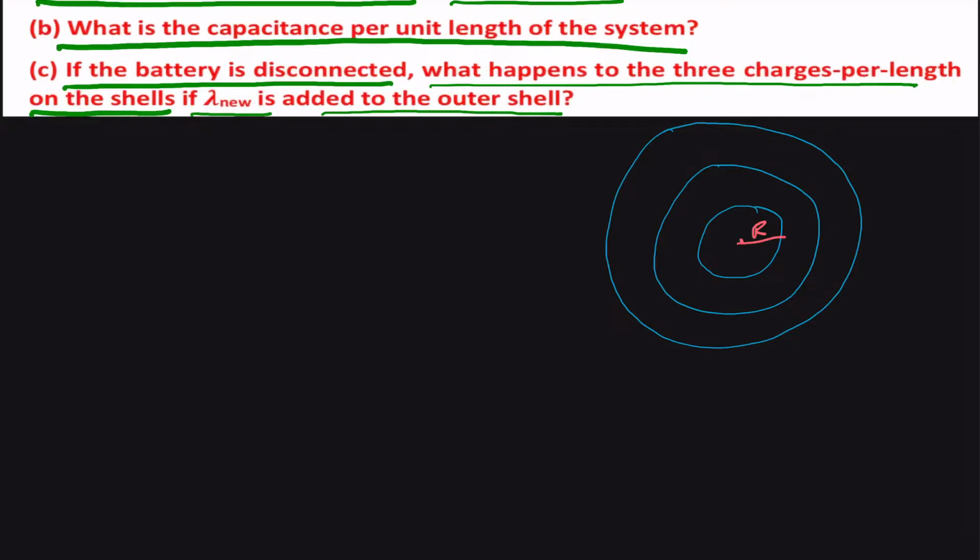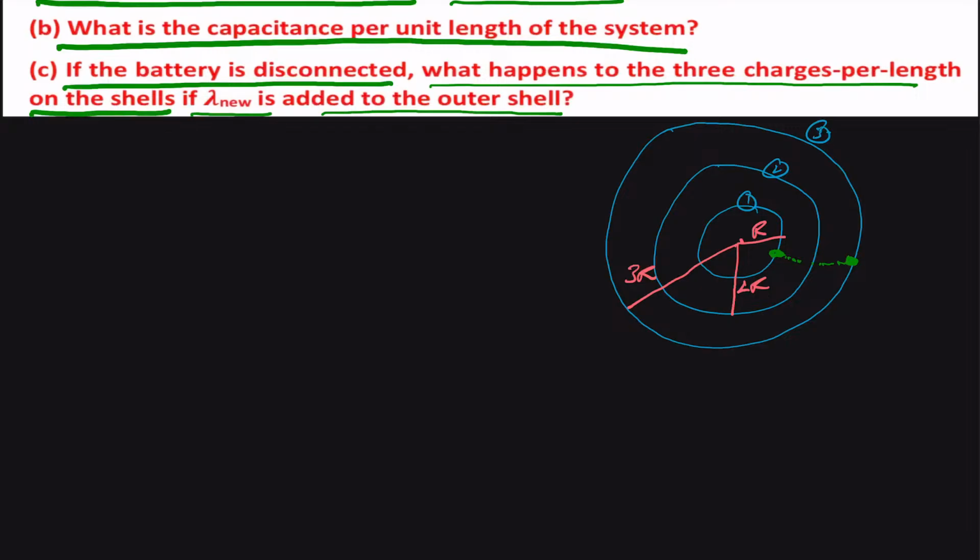So this is our 1, 2, 3, and we are given that the first and the last one, inner and outer, are connected with each other.